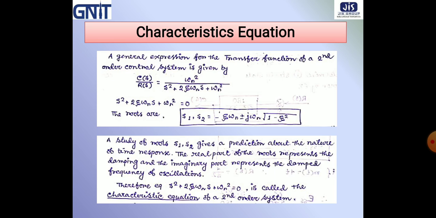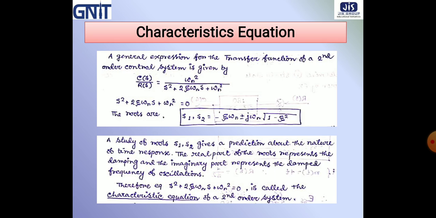Now a study of roots, that is s1 and s2, gives a prediction about the nature of the system or the nature of the time response. The real part of the roots, that is minus zeta omega n, represents the damping, and the imaginary part, that is plus minus j omega n root under of 1 minus zeta square, represents the damped frequency of oscillation.